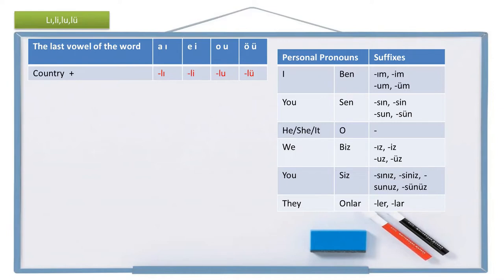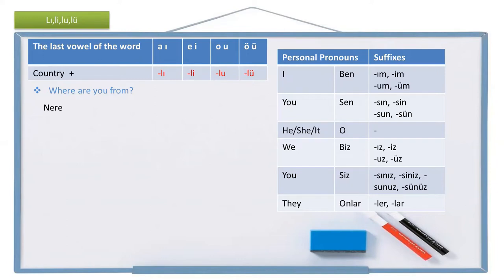The first sentence is, where are you from? A question sentence. Let's try to write it. Where is nere. The root of this question word is nere. From is normally in Turkish the suffix den, dan or ten, tan.